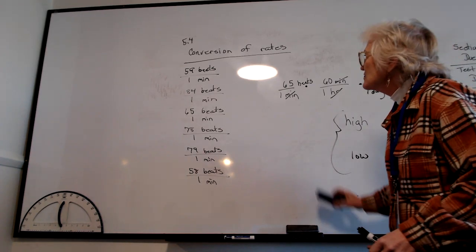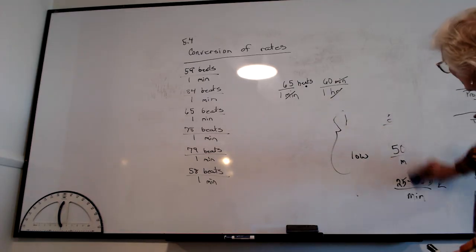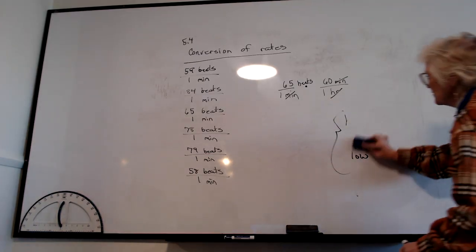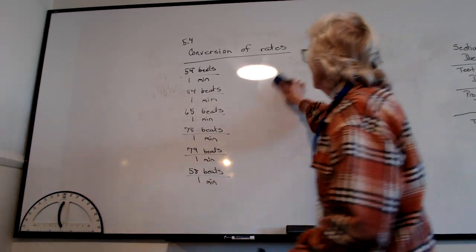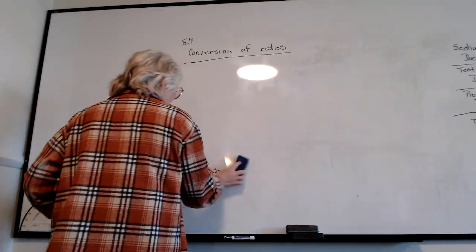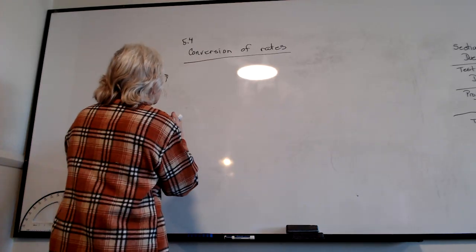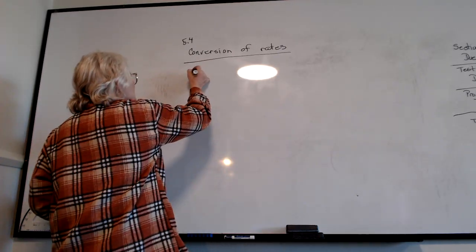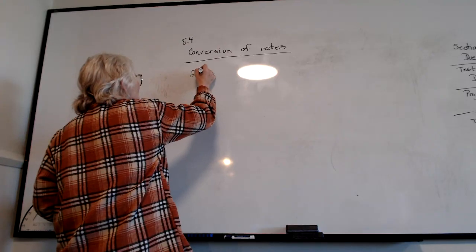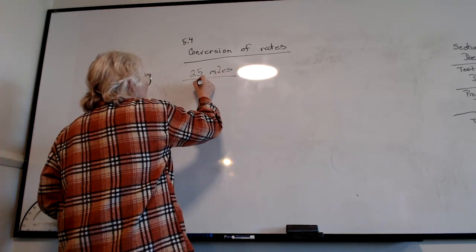So, okay, that's like a conversion. If you want to know, this is a really stupid one, but these are some of those things. Let's just say that you're driving 25 miles per hour.